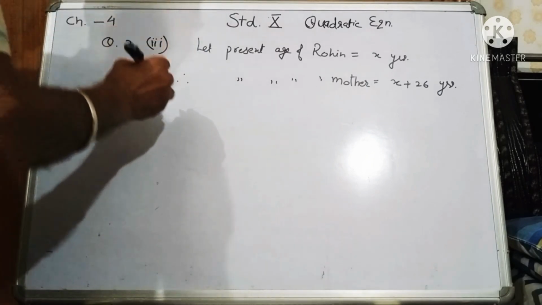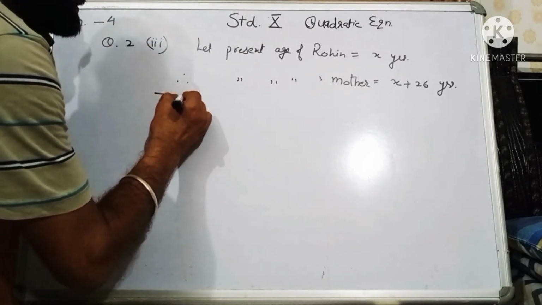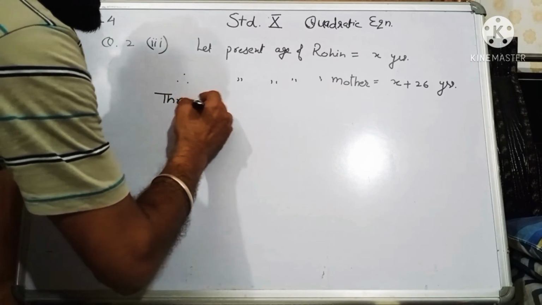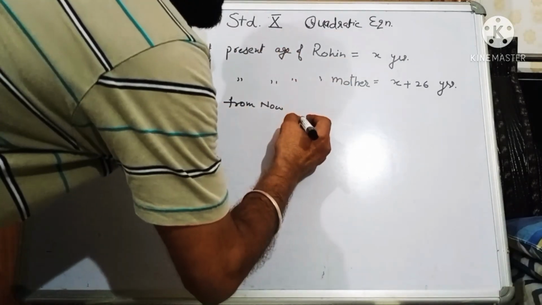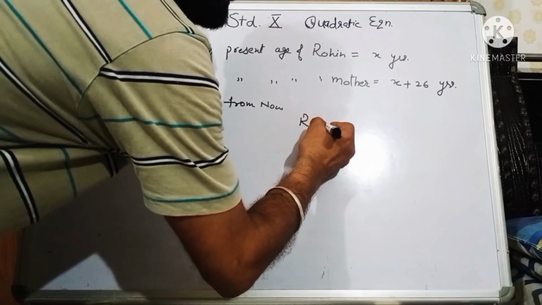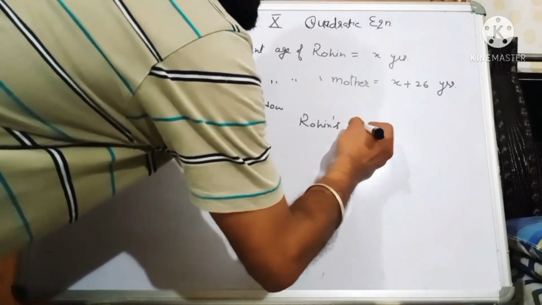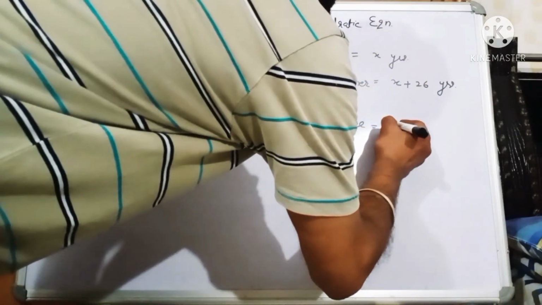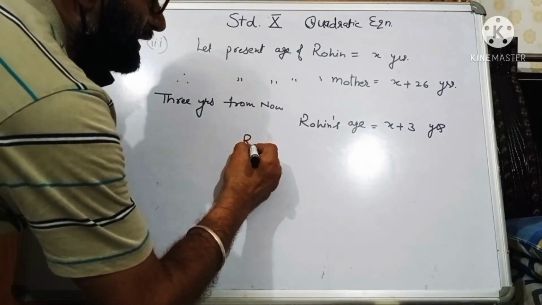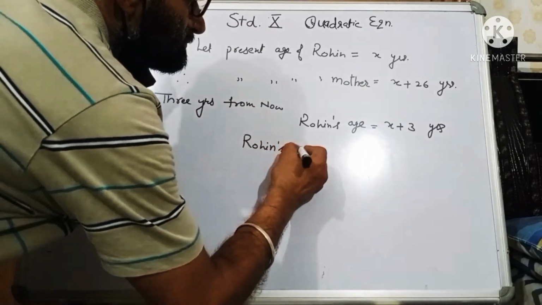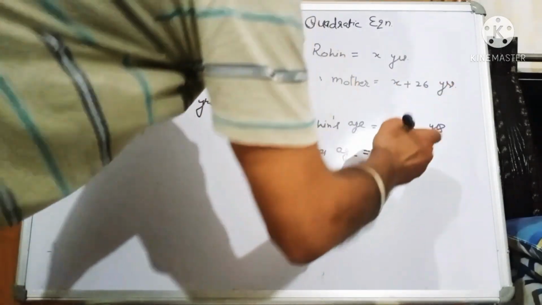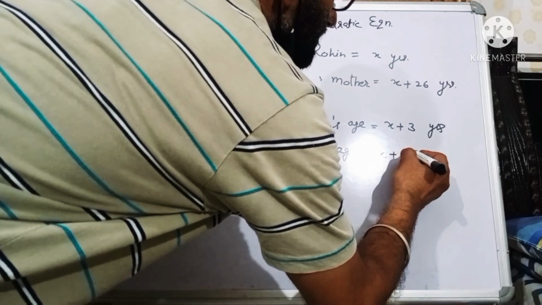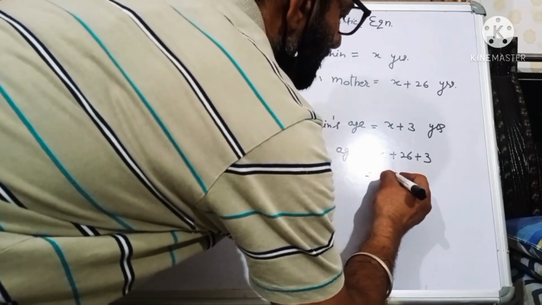Now 3 years from now, that means after 3 years, Rohan's age will be, 3 added to the present age, that is x plus 3 years, and Rohan's mother's age will be present age x plus 26, add 3 to it, x plus 26 plus 3, that is x plus 29 years.